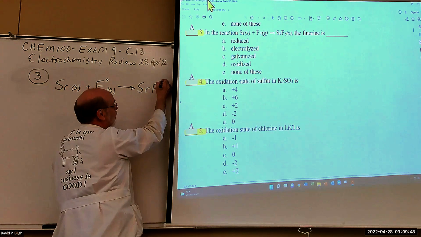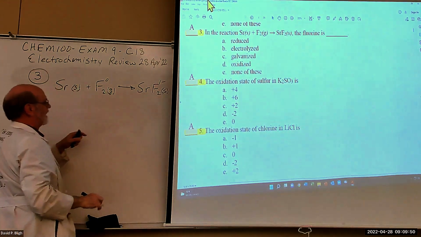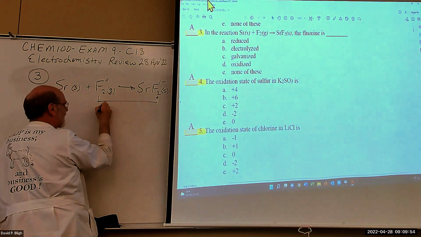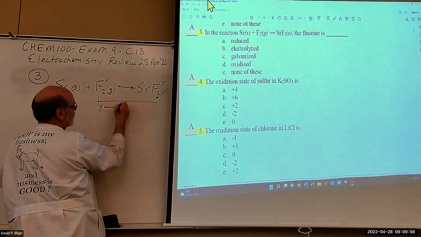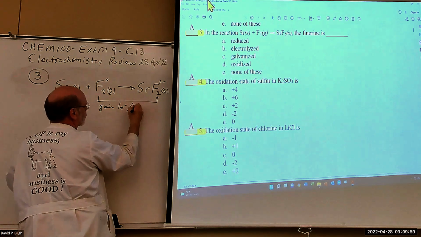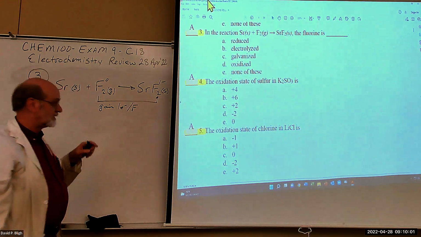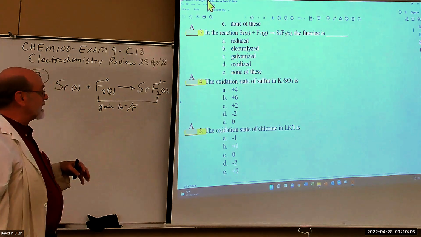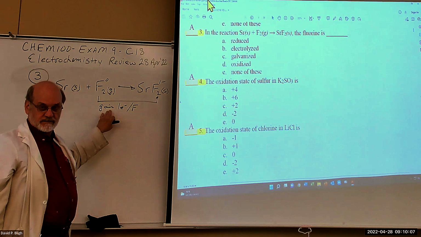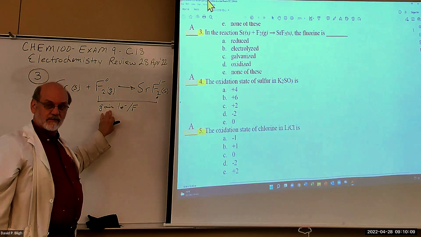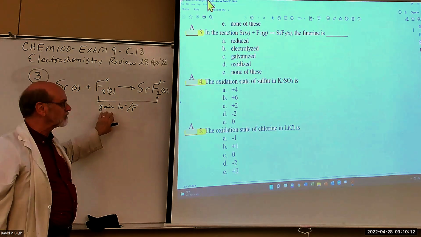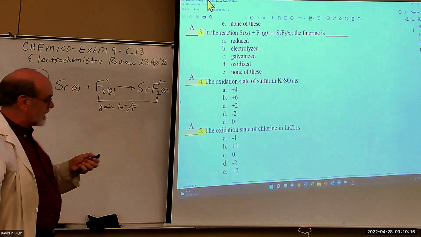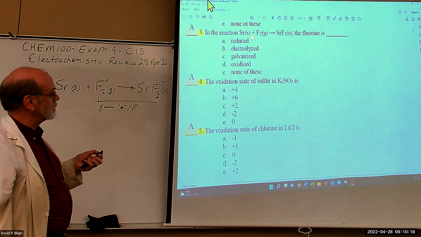Fluorine is a -1. So when we went from here to here, fluorine had to gain 1 electron per fluorine atom. And that's all we need to know to answer the question. The fluorine is reduced, right? Rig, reduction is gain. So the answer is A. Fluorine is reduced.